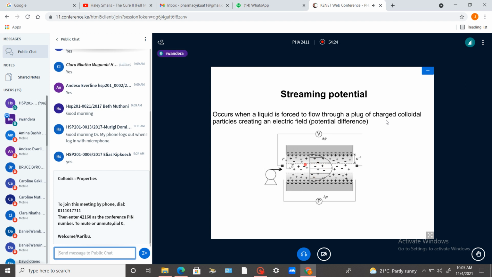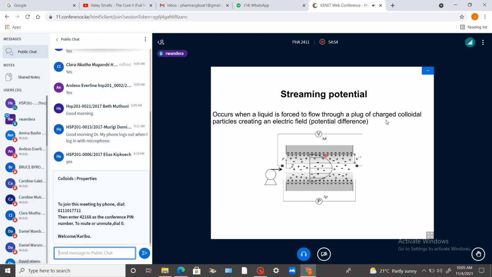By forcing these liquids to move through this plug of charged colloidal particles, you create or regenerate an electric field. There's a potential difference that is generated. So as you force your liquid to move through, you'll generate an electric current. That's what simply is meant by the streaming potential.